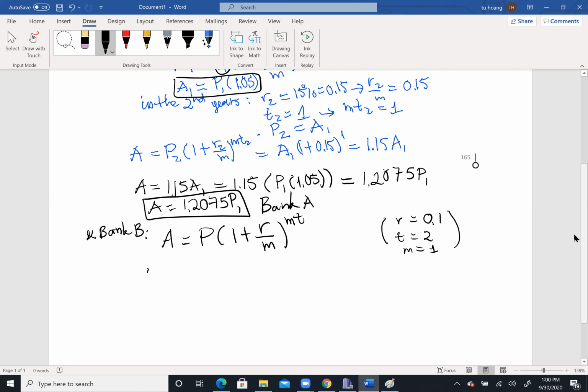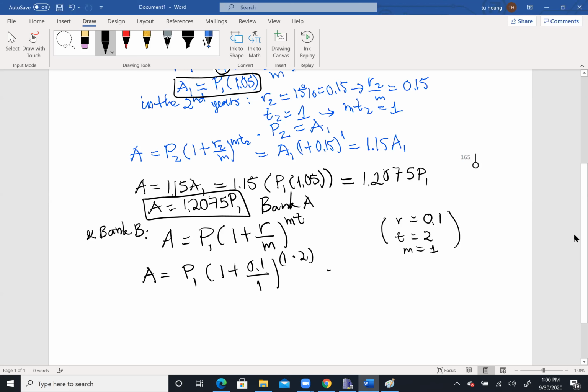And I'm gonna substitute in, have A equal to P in here, actually the initial amount same as bank A, so I put P1. And then 1 plus R is 0.1 over 1 to the power M times T, with T is 2.